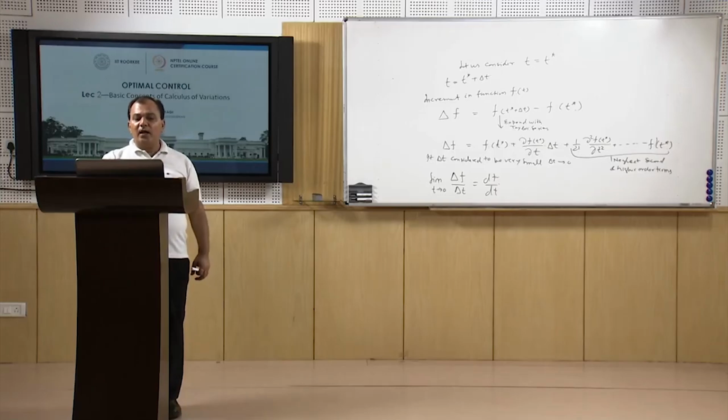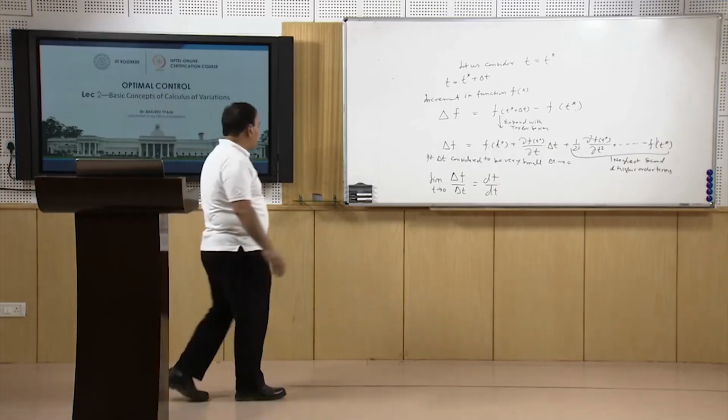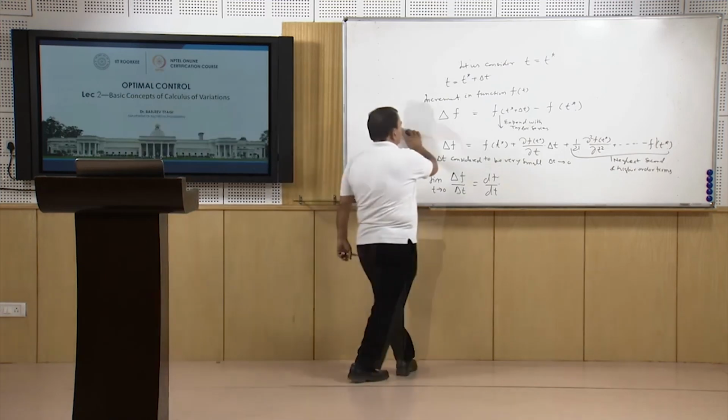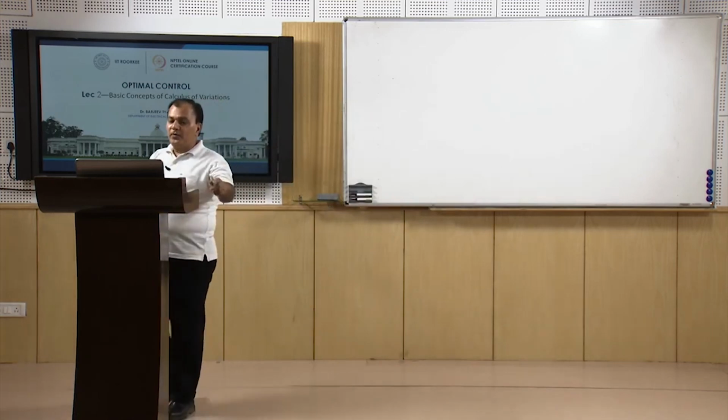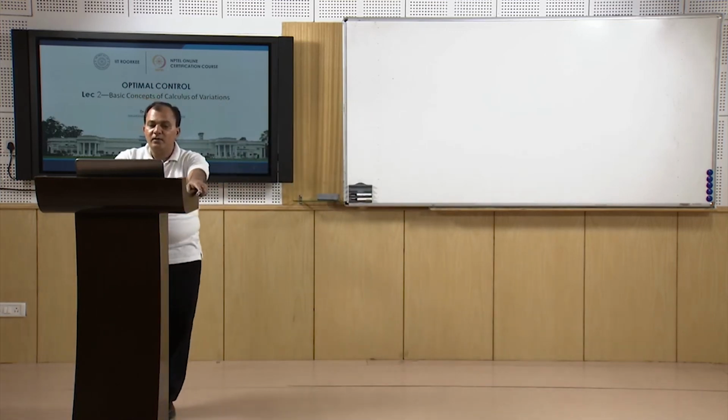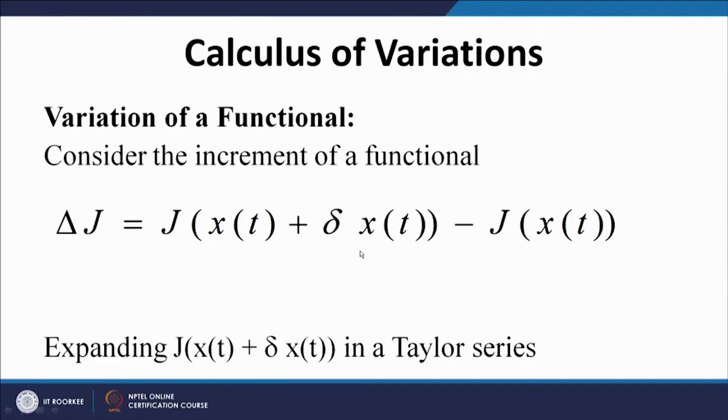Similarly, we can also define the variation of a functional. First we define the increment of a functional. As we have seen before, the increment is the value of j at x t plus delta x t point minus j of x t.